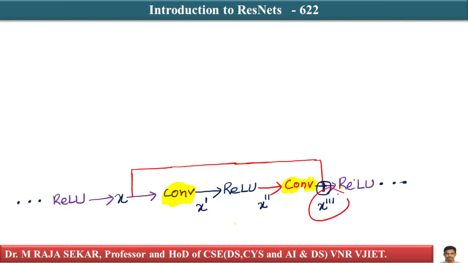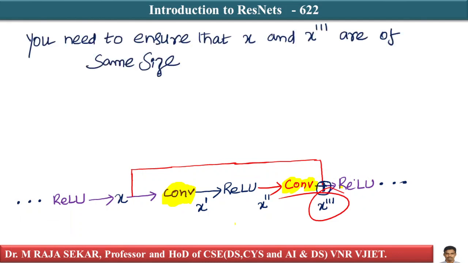Just see, here you are getting output x triple dash. You need to ensure that x and x triple dash are of the same size through padding and all of those careful things, because if the size of x triple dash and x are different, you can't sum them up.